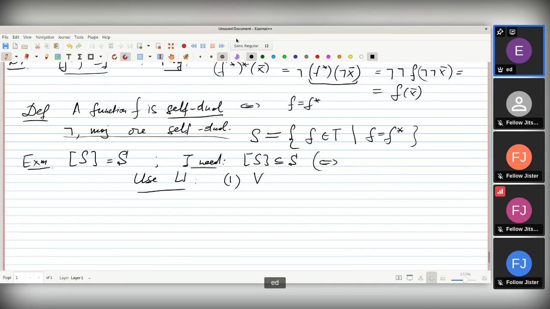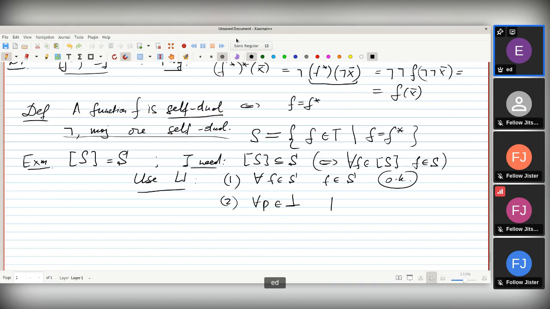If we rephrase it, everything from the closure of S belongs to S. So first of all, everything from S belongs to S. It is trivial. The second one says that every projector is self-dual. Let us see.